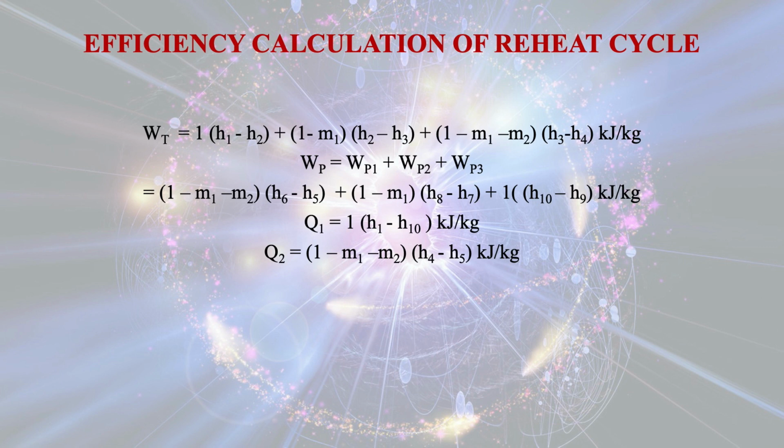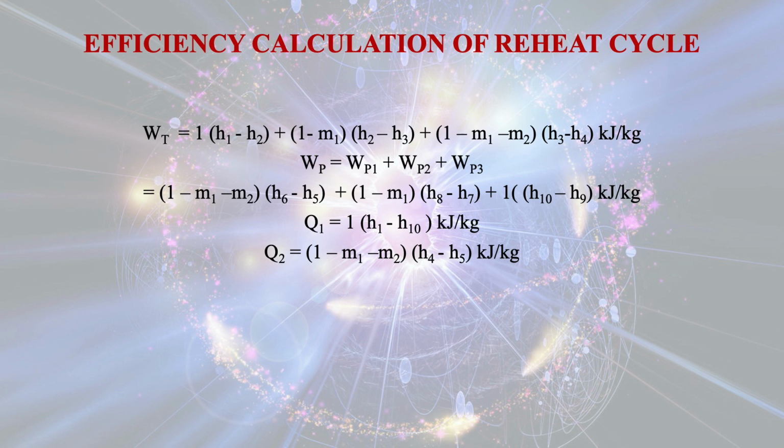This is the work done by the turbine from state 1 to state 2, where 1 kg of steam was there. But at state 2, M1 kg of steam leaves the turbine and enters heater 1. So for the remaining steam, (1 minus M1) multiplied by (H2 minus H3) is the work from state 2 to 3. And the last part is the work done by the turbine from state 3 to 4, (1 minus M1 minus M2) multiplied by (H3 minus H4). This is the work done by the turbine.